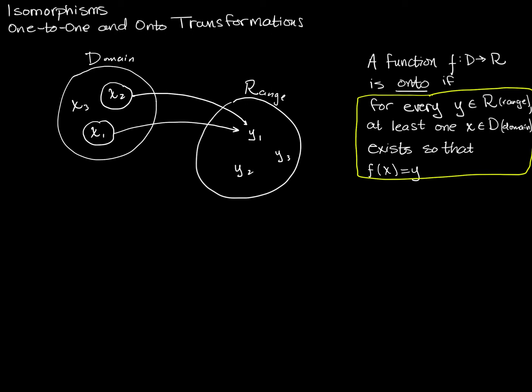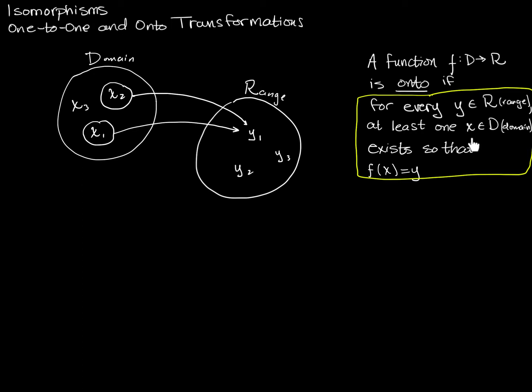And the question now, of course, is it an onto function? Well, to be onto, I have to be able to pick any y and find at least one x in the domain so that that y comes from plugging that x into the function. So let's pick y1.